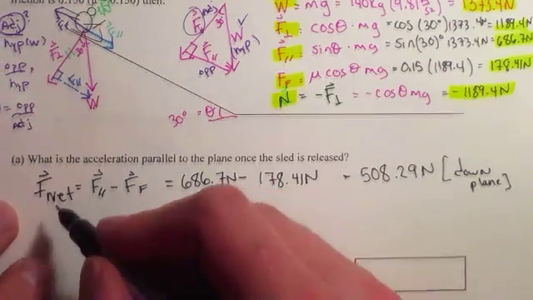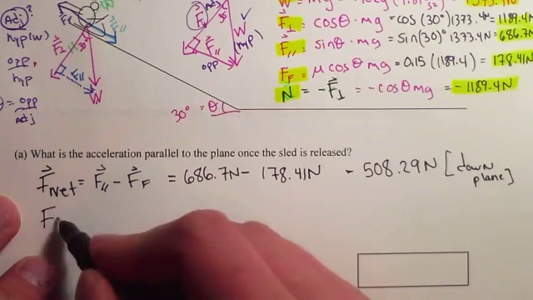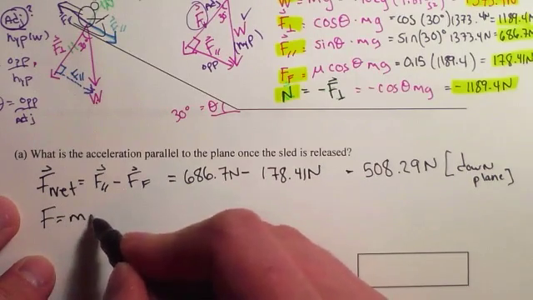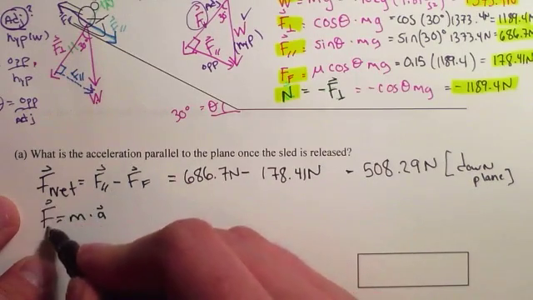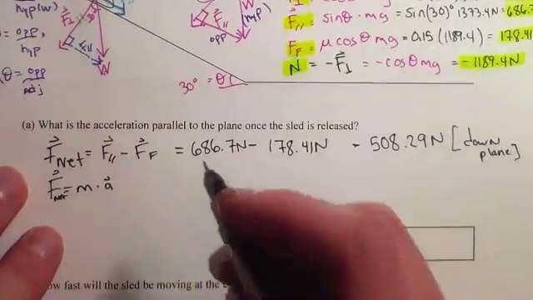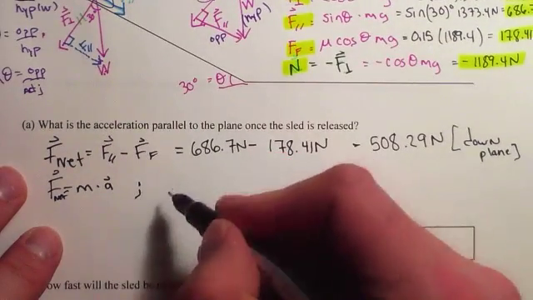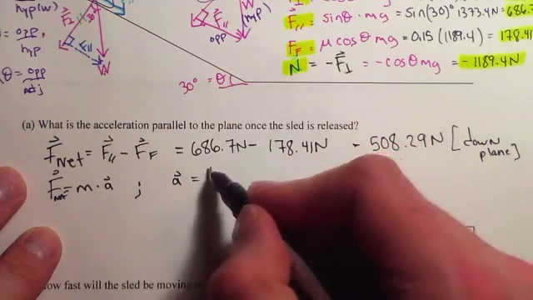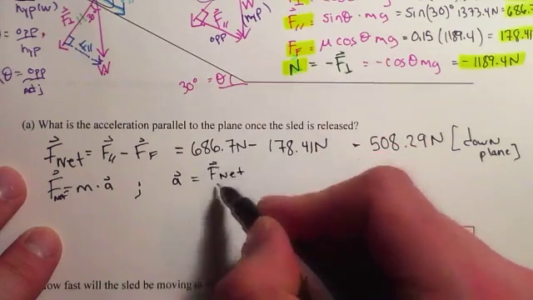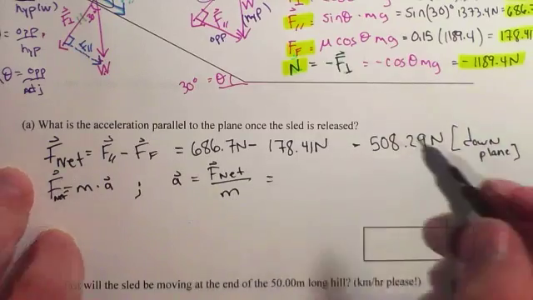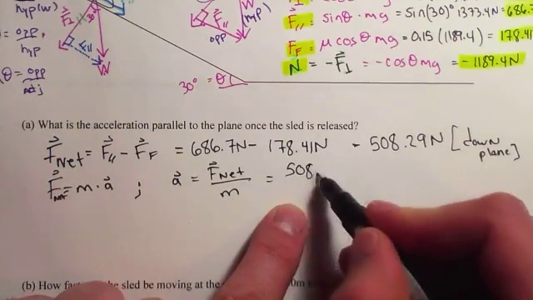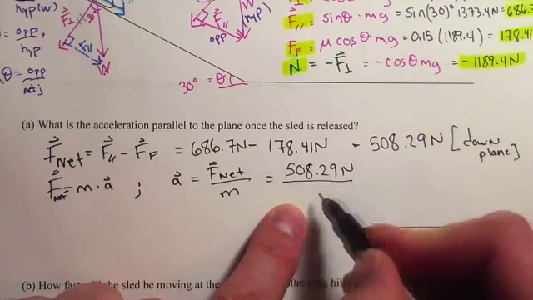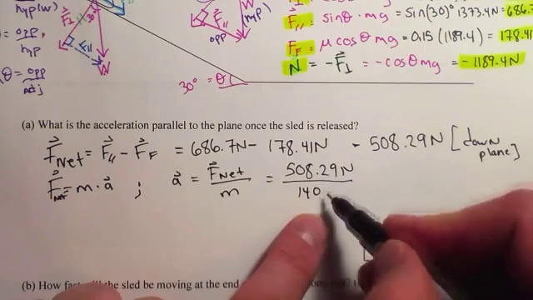We now apply Newton's second law. Force is equal to mass times acceleration. And in this case, we're talking about net force. So acceleration is equal to the net force divided by mass, which is equal to 508.29 newtons divided by 140 kilograms.